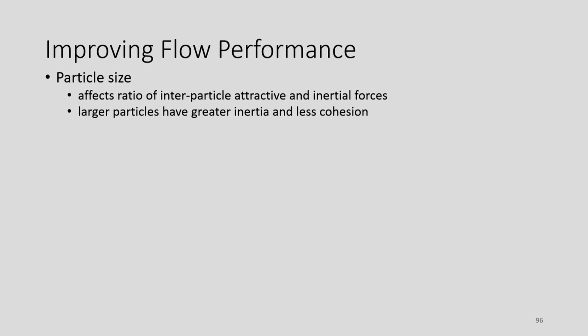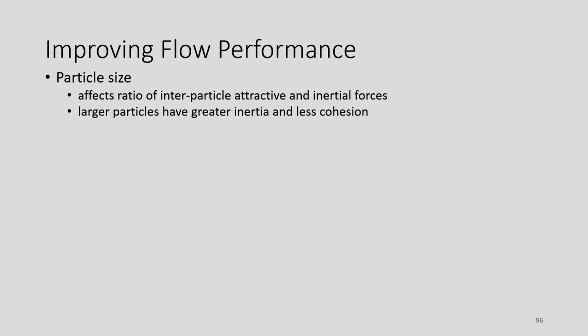So we'll talk about improving flow performance. Particle size affects the cohesive forces, right? Interactive forces, van der Waals forces, static charge buildup, etc. In general, larger particles have greater inertia and less cohesion, right? For example, if you are working on agglomeration and compaction of powders, you want to make them flow through small funnels and small tubes.